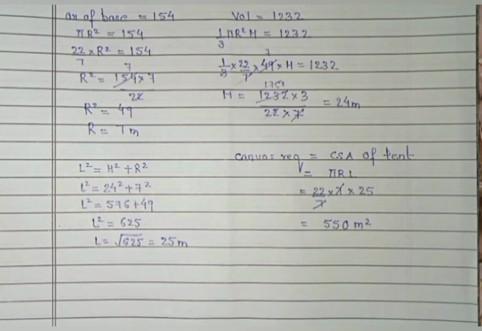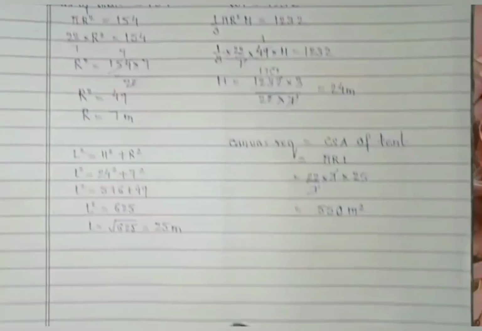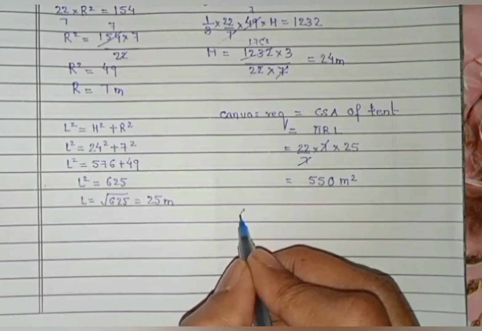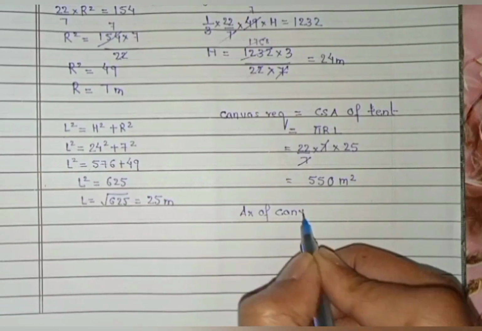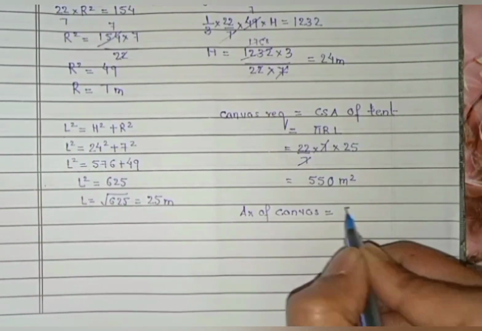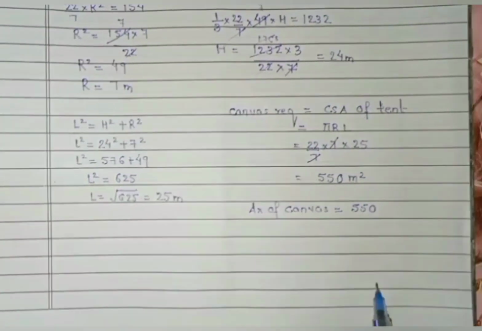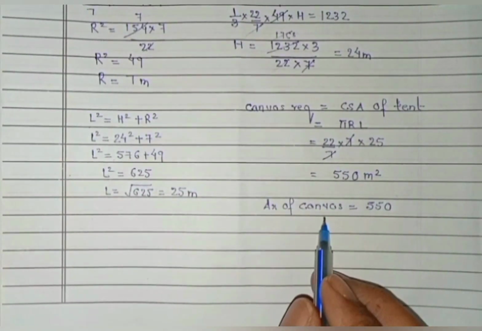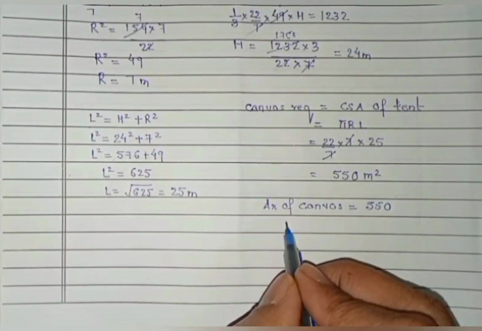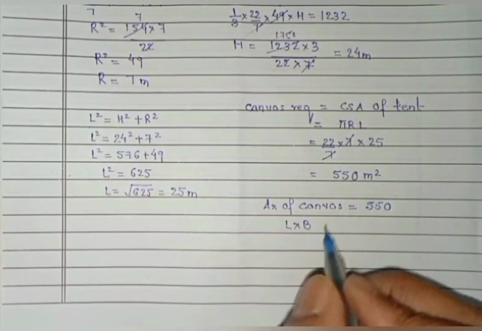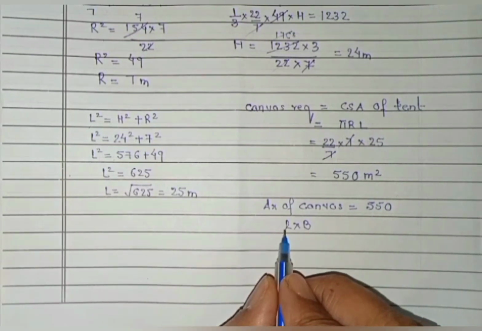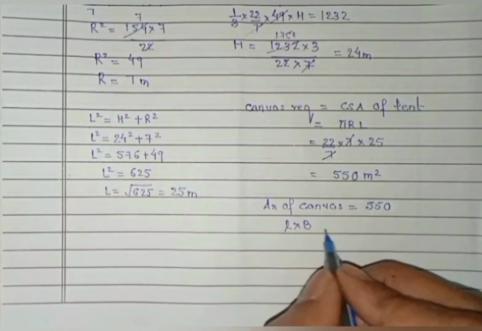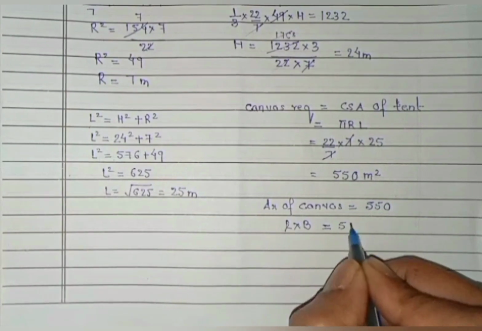Now this canvas will be available in the market in shape of a rectangle. So area of canvas, it is 550, and we know that this canvas will be available in shape of a rectangle, so it will be length into breadth, where this L is the length of the canvas. Don't get it confused with the length slant height, right?